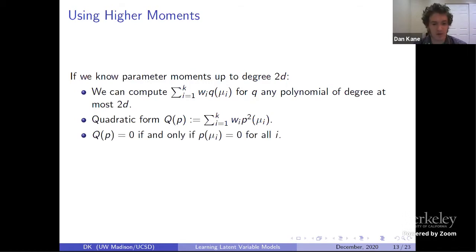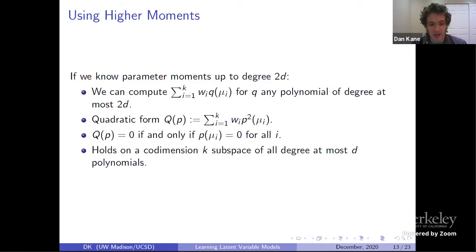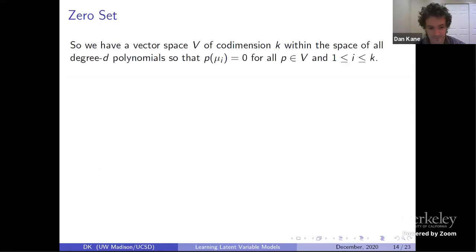What you'll note is that q of p is 0 if and only if p of mu_i is 0 for every one of the means i. And if we can get this quadratic form, we can compute the zero subspace. We note that each of these p of mu_i being 0 is a single linear condition. So we have a codimension k subspace within the space of all degree d polynomials, such that these polynomials vanish on every single one of our means.